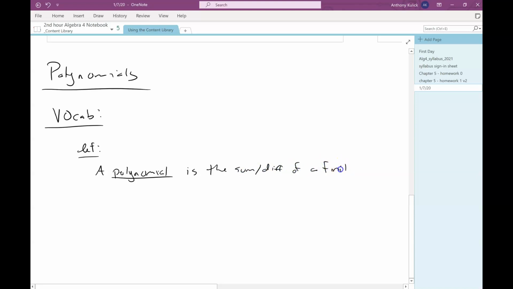So a polynomial is the sum or difference of a finite number of monomials. Well, gee, Mr. Kulik, that's a great definition if I knew what the heck a monomial was. Well, guess what's the next thing up then? Better define what a monomial is, right? Okay.